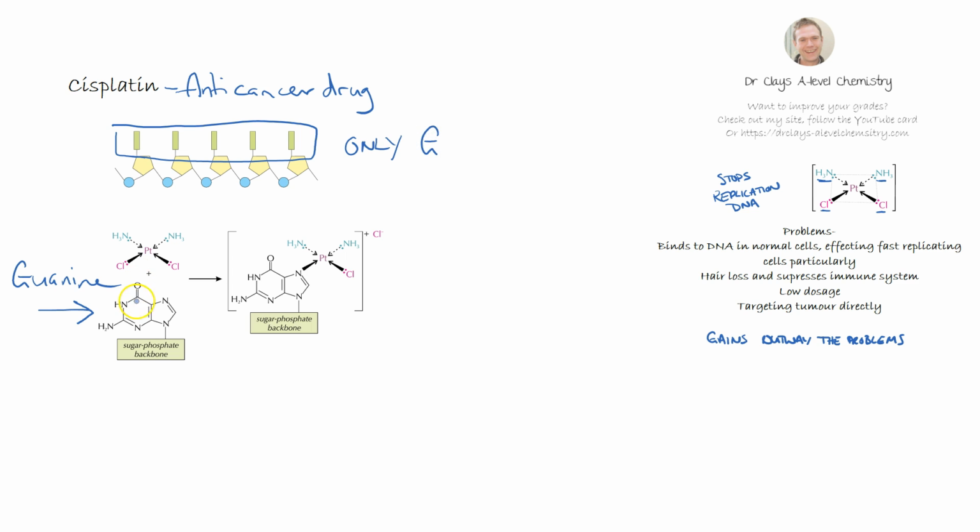And what happens is the cisplatin is able to do a ligand substitution reaction here, and it replaces one of the Cls on the platinum. And so we now have, rather than our guanine attached to the backbone, our guanine with a cisplatin attached to it.